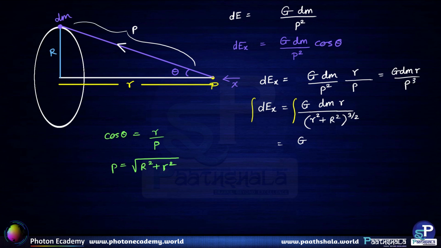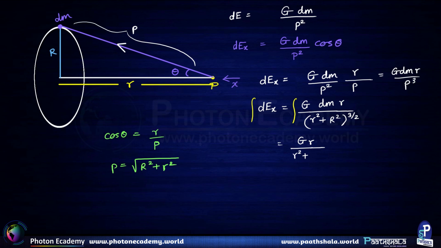So this is equal to G r upon small r square plus capital R square raised to 3 by 2, into the integration of dm.